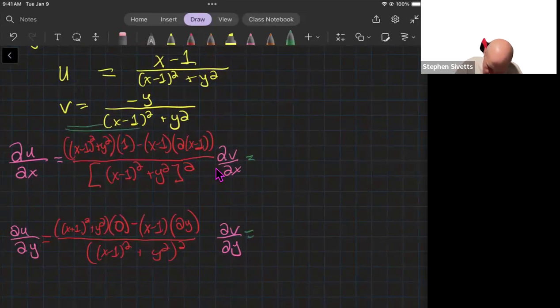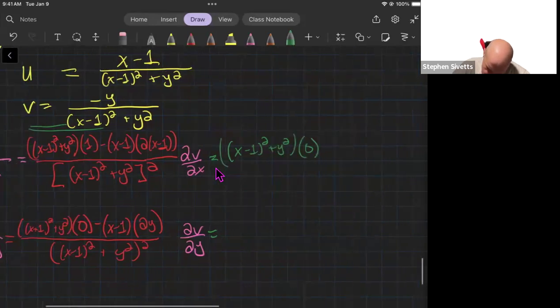The v function. All right, so partial of v with respect to x. That is the low function times the derivative of the high function, so that's 0, minus high, so minus negative y, so that's a plus.